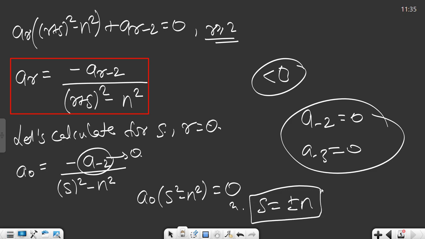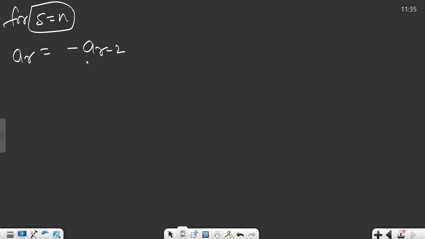So we got a value for s, and now we are going to plug in s equals positive n. When you plug s equals n into a sub r, that gives us negative a sub r minus 2 over r plus n whole squared minus n squared.